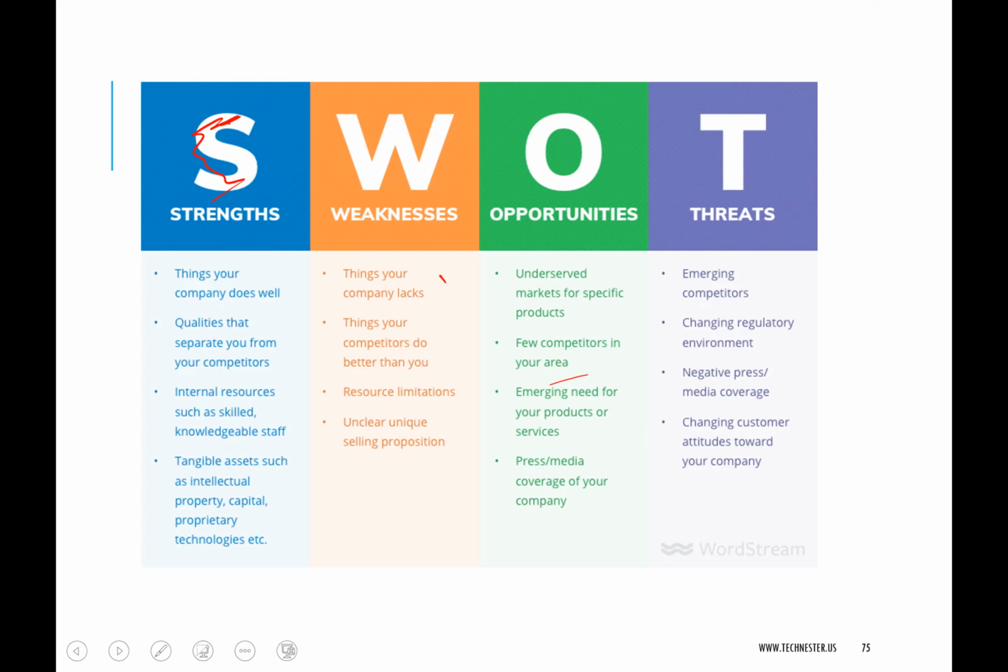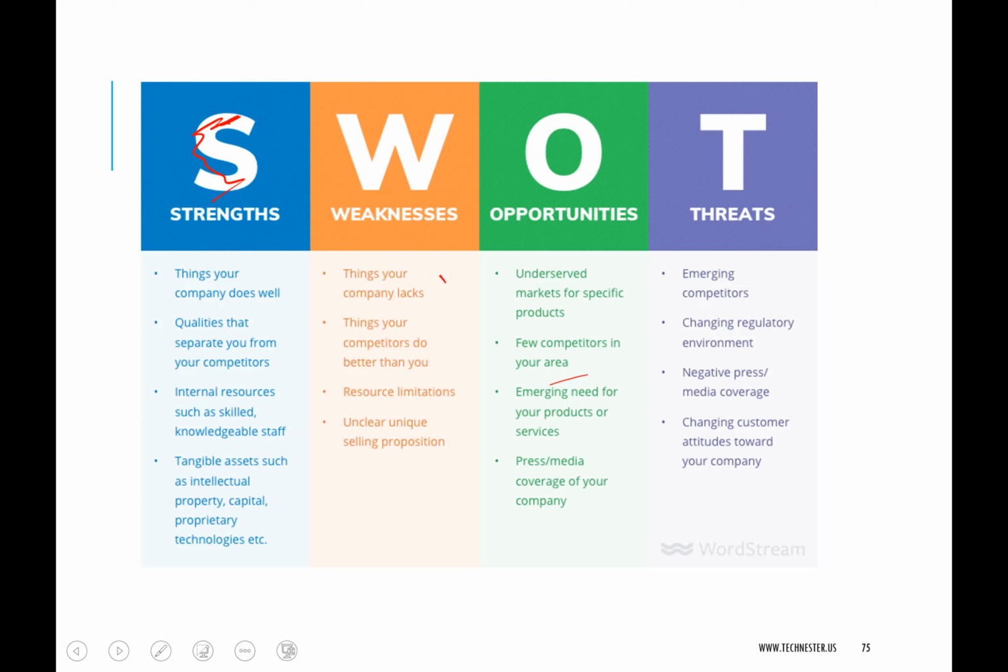Okay. So are there threats, potential threats to your business, to the product, to your department, to your company? So it may be emerging competitors, maybe new people are coming. It may even be a new technology that is being developed that will change the way business is done and make other people be able to get into your line of business quickly. That is a threat.